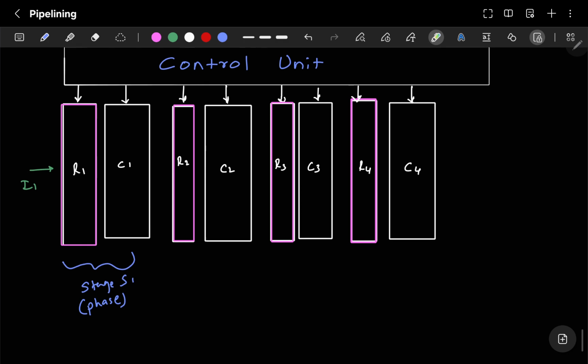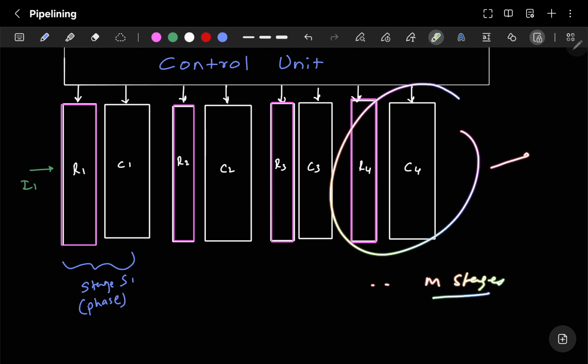For example, stage 1 I can call instruction fetch, then instruction decode, execution phase, then write back. Like this I can go up to M stages, there is no restriction. However many M stages there are, that many functional units are required.